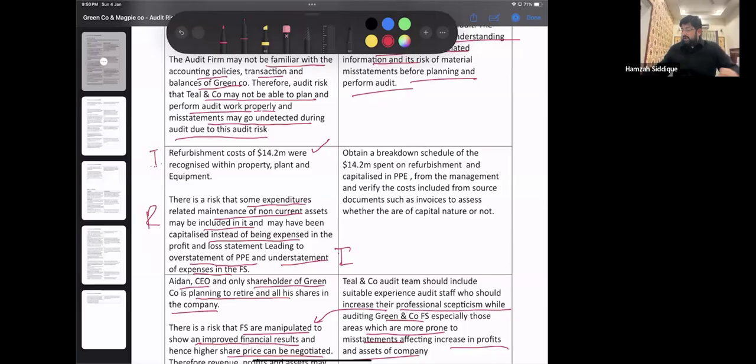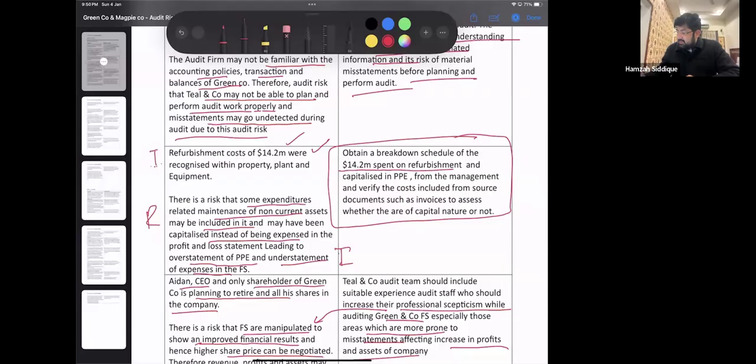Now, so what is the response? What is the audit response? Obtain a breakdown of 14.2 million spent on refurbishment. This one, I was telling you, use information specific from the scenario.